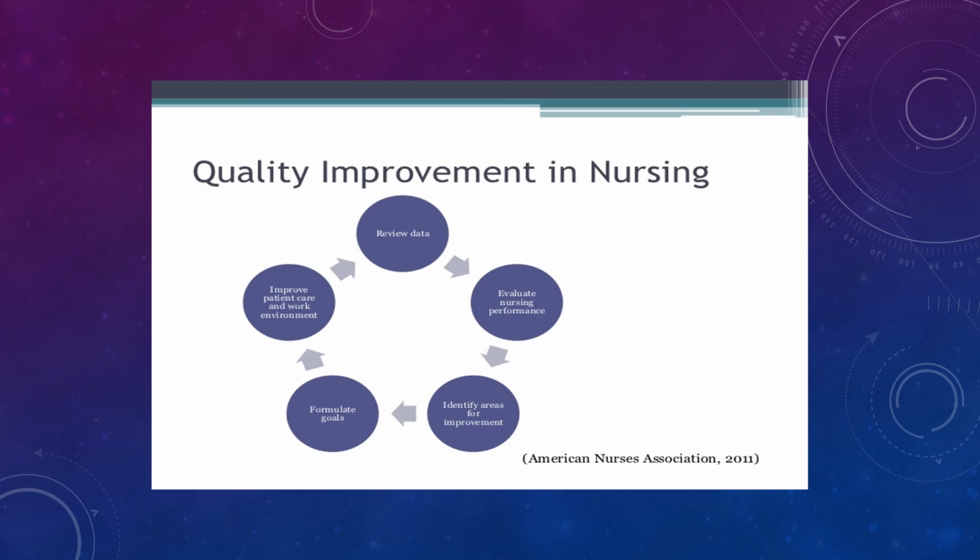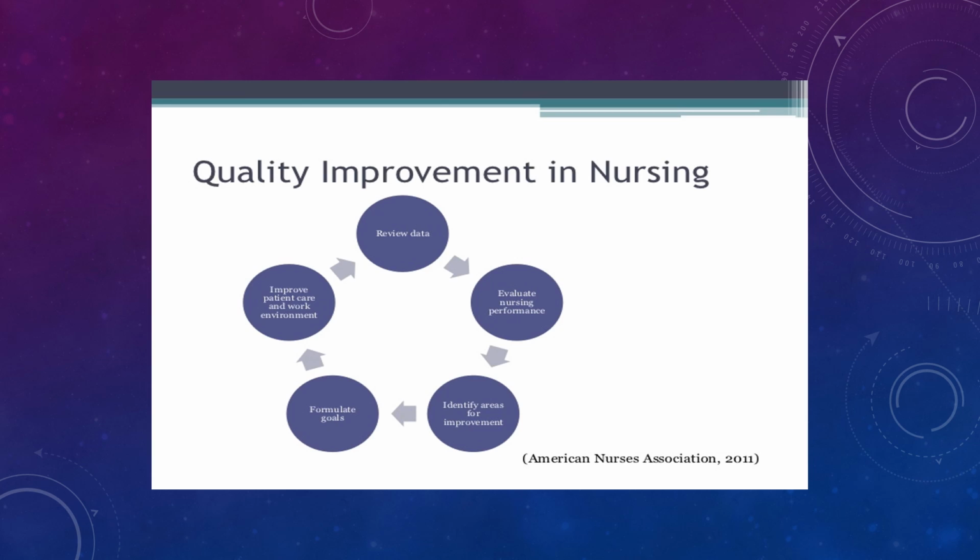And this slide is just a slide I got off of the American Nurses Association website. It is truly just showing how quality improvement is a continuous cycle in nursing. Not really for testing purposes, but just to have a better understanding that in quality improvement, nurses have to review the data and evaluate the nurse's performance.